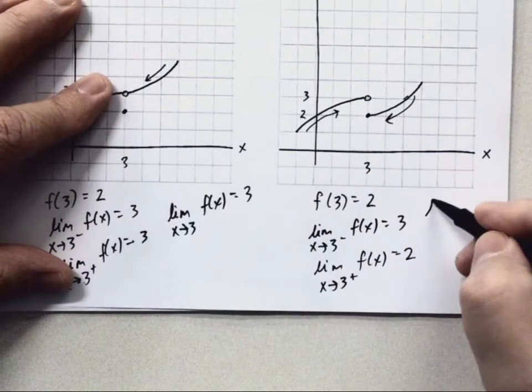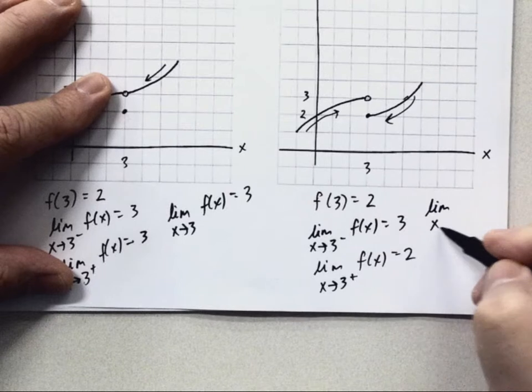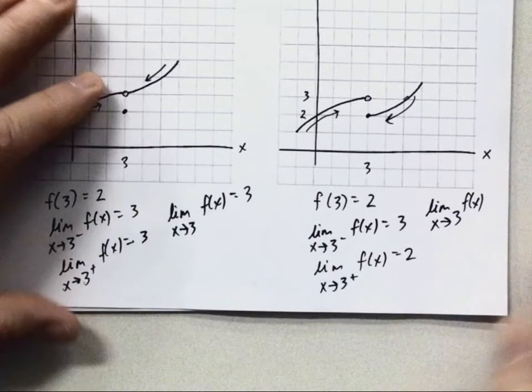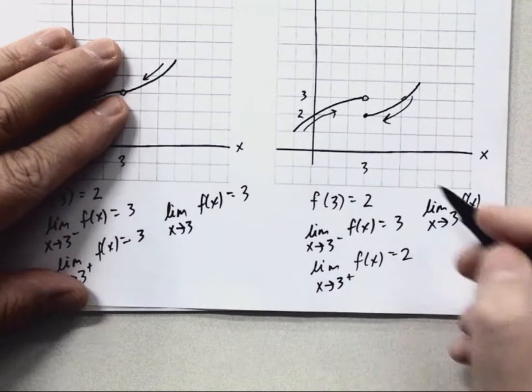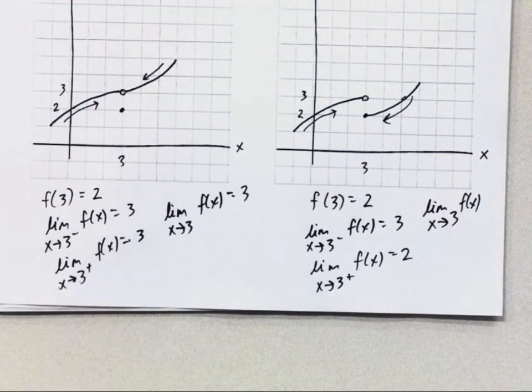So now when we're asked, what's the limit of this function as x approaches 3? Well, remember, for the limit to exist at a certain value of x, when you approach the value of x from the low side and the high side, they have to be approaching the same value for the function.